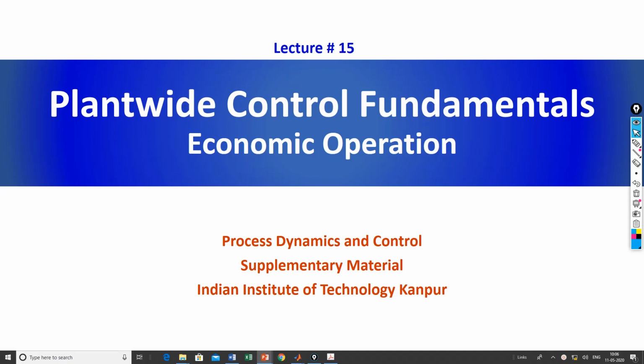The agenda for today's lecture is designing the economic layer once a regulatory control system has been designed that robustly closes all the independent material and energy balances. How do we go about adjusting key set points in the regulatory layer so that our process operation is economically optimal or near optimal?